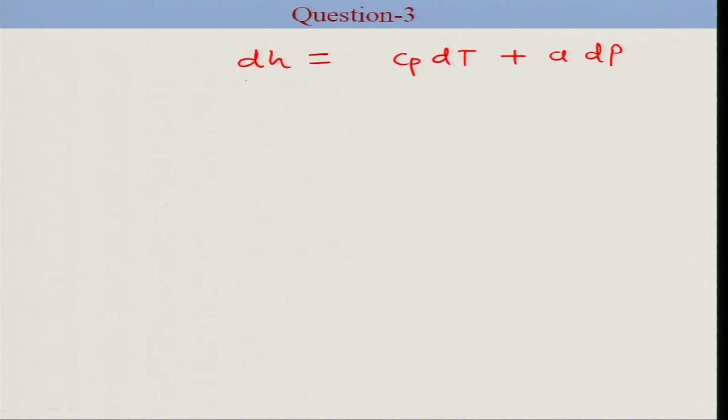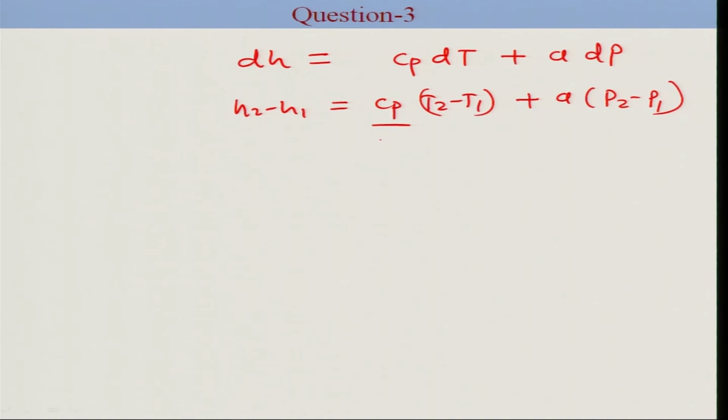After integrating it, we get H2 minus H1 equal to Cp times (T2 minus T1) plus A times (P2 minus P1).